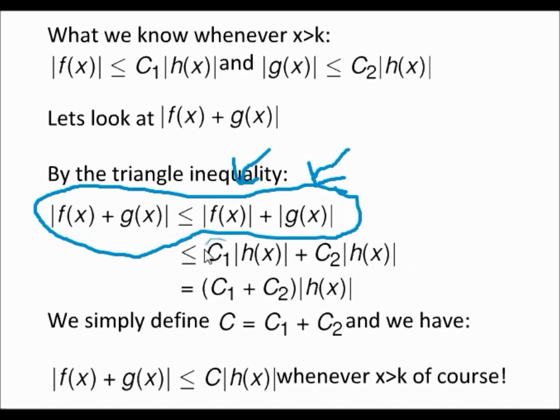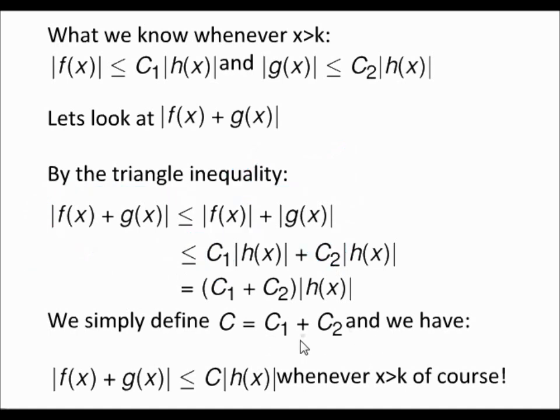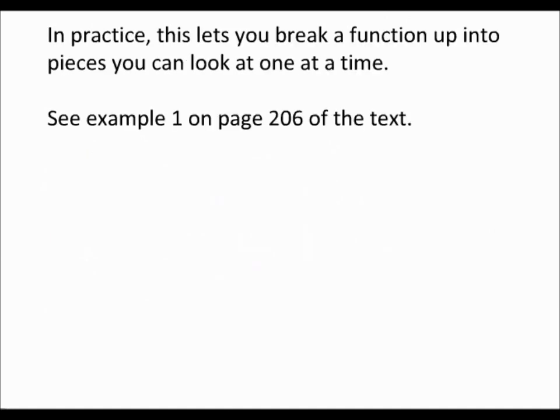Okay, and it doesn't matter if you end up having to add up all these other things together, because we allow there to be constants in the definition of big O notation. So if you want to look at example 1 on page 206 of the text, and I'm talking about the 7th edition of Rosen's discrete math textbook, you'll see how this happens.